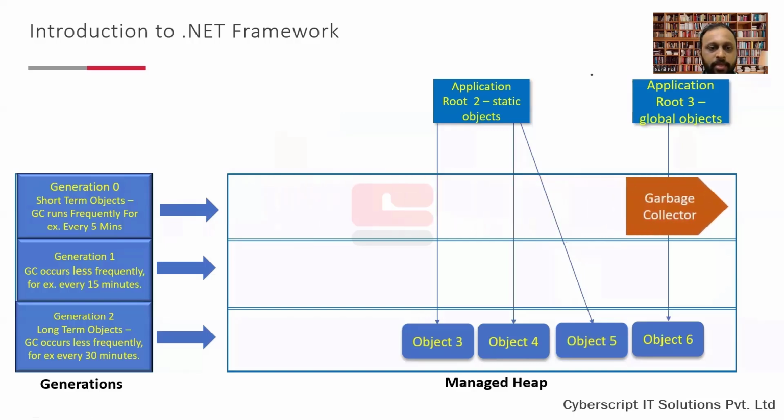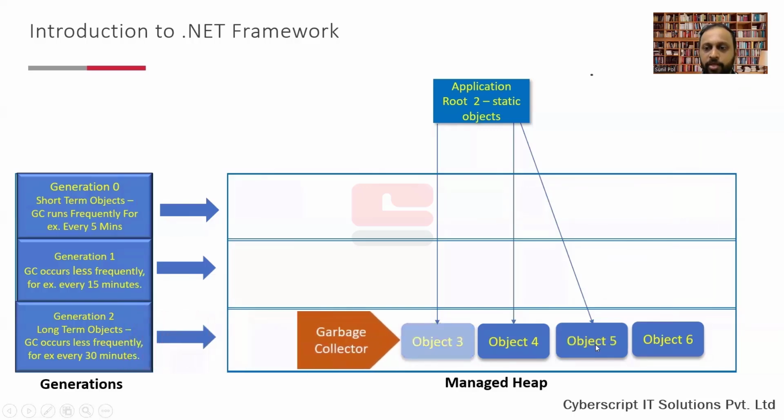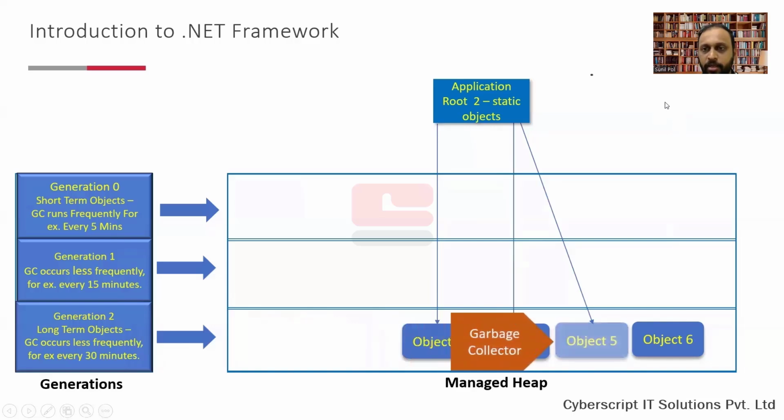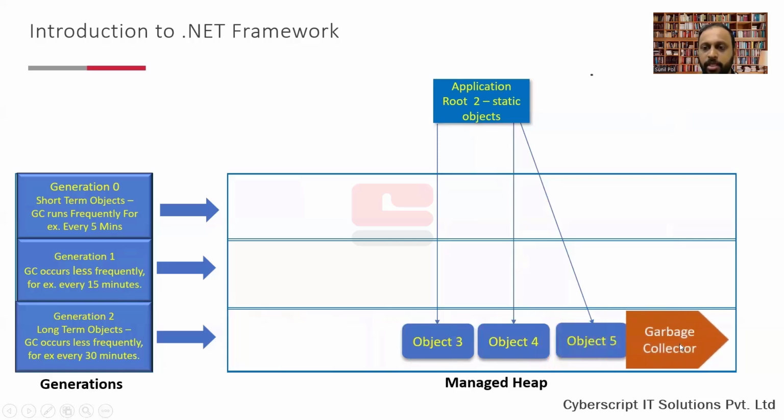After some time, it will again visit generation 2 and check whether objects 3, 4, 5 are used by any application root. Yes, but object 6 was referred to by application root 3, which has completed execution and is not referring to that object. So the garbage collector will delete that object immediately.